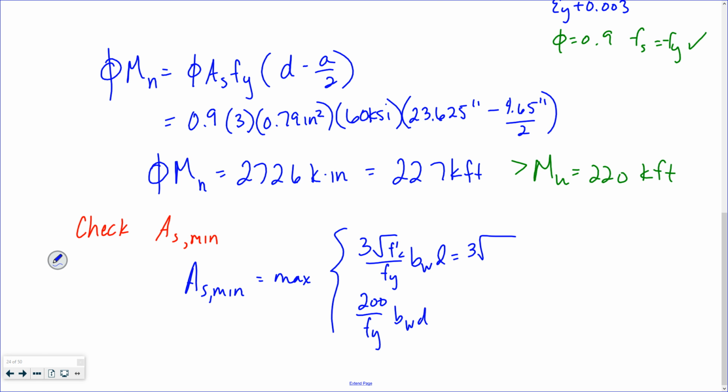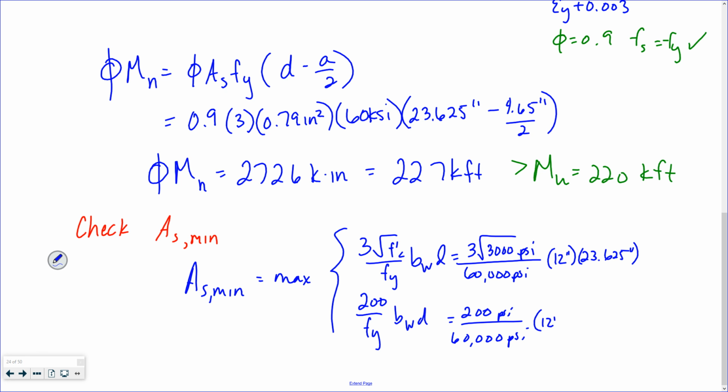So 3 times the square root of 3,000 psi over 60,000 psi, times 12 inches times 23.625 inches, or 200 psi over 60,000 psi, times 12 inches times 23.625.